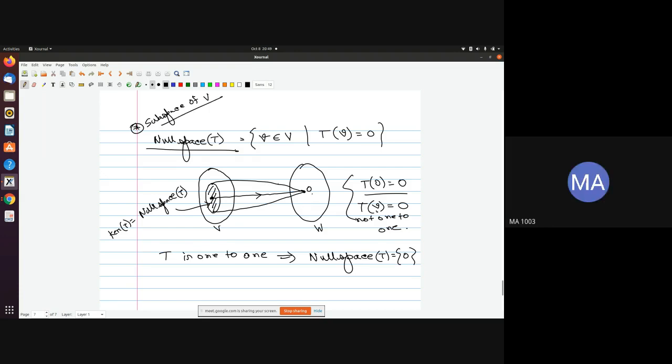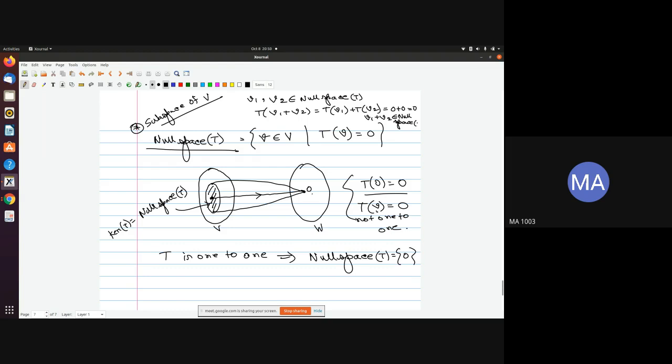In the last live session I have checked for matrix. So the same kind of checking will go here. T of 0 is going to 0. If there are two elements inside the null space, V1 and V2, then what about T of V1 plus V2? This is T V1 plus T V2, and both of them are 0. So 0 plus 0, this is 0. So V1 plus V2 is inside the null space.